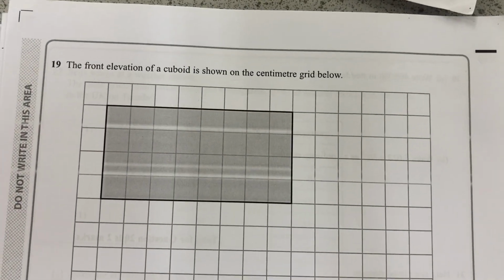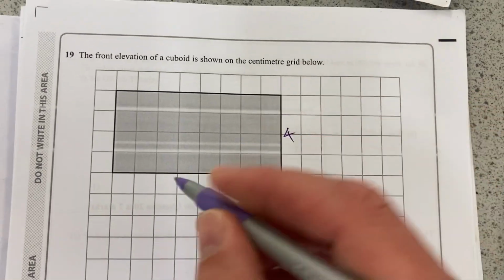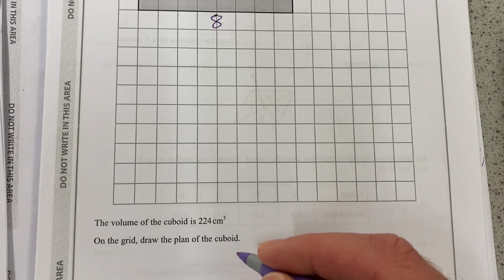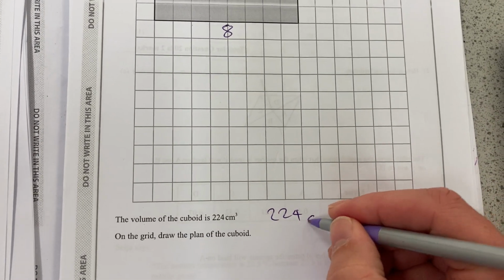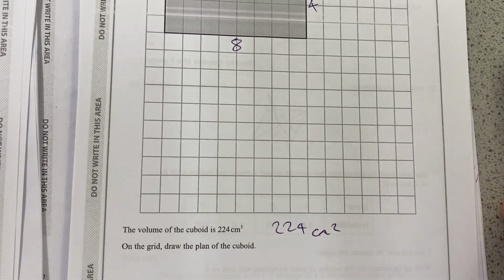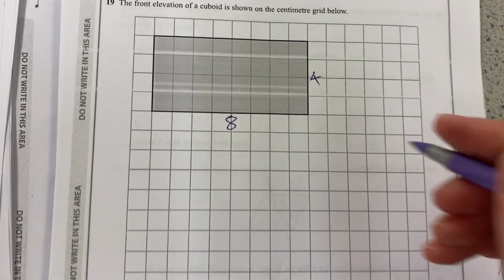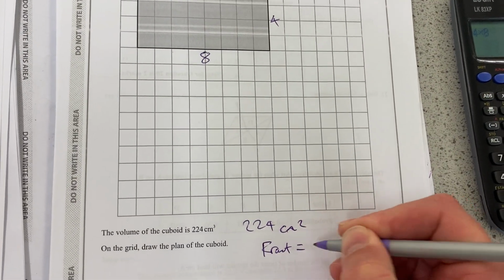Right, the front elevation of a cuboid is shown on the centimeter grid here. There's 1, 2, 3, 4 by 2, 4, 6, 8. And it says the volume of the cuboid is 224. I'm going to draw the plan of the cuboid. Right, so I know that 4 times 8 is 32. So that front is 32.